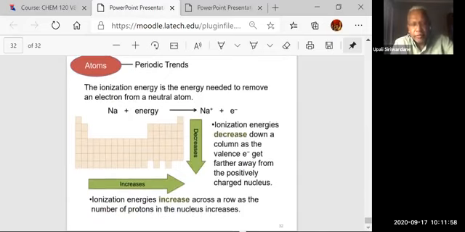Going across a period, ionization potential increases. It's difficult to remove an electron. They become more non-metallic. Going down a group, it's easy to remove an electron. Therefore, sodium is less reactive than potassium, rubidium, cesium, francium. As you go down, it's easier to remove.